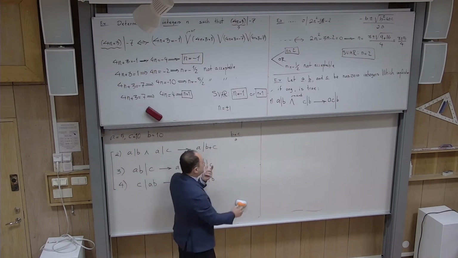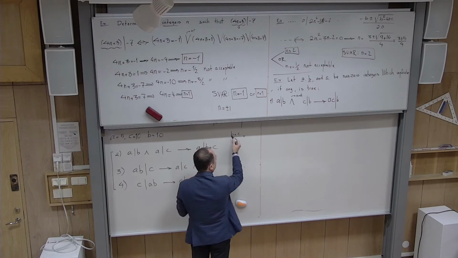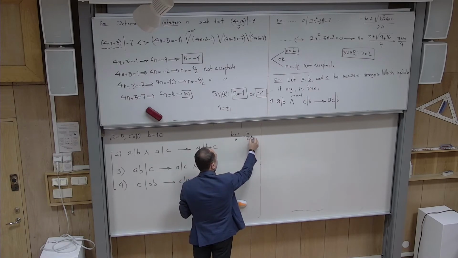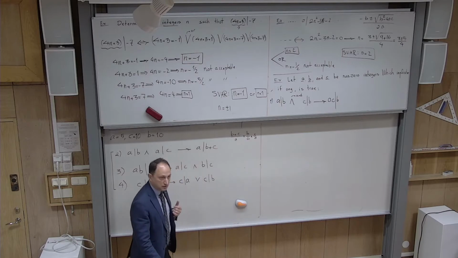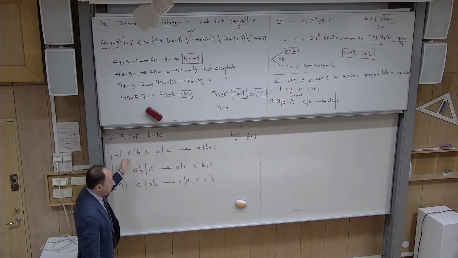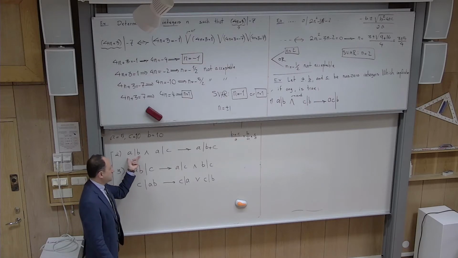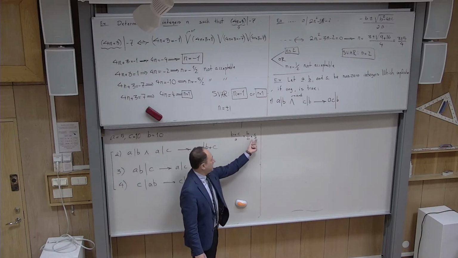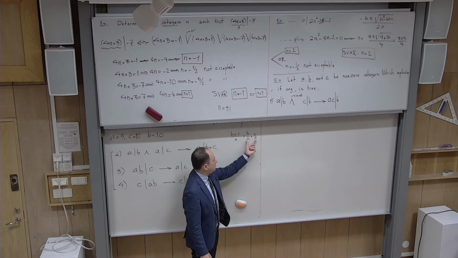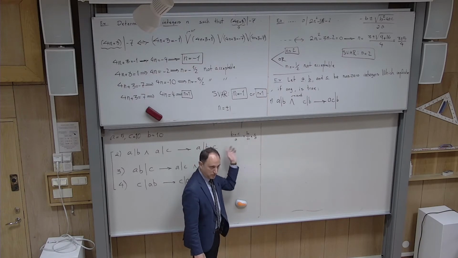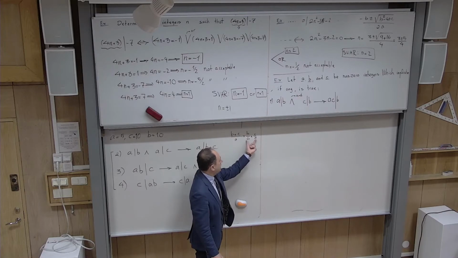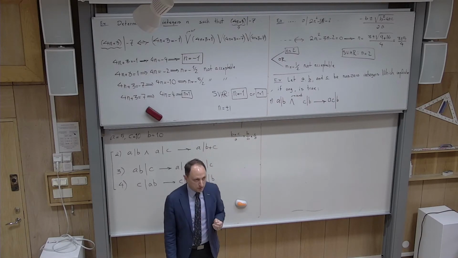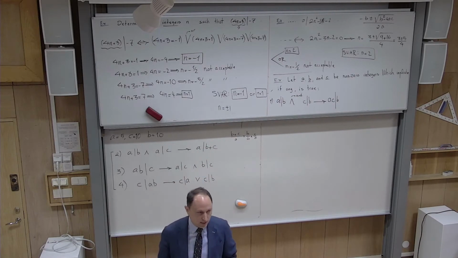From elementary primary school, you can see that this is B over A plus C over A. And B over A is an integer because of the guaranteed condition, and C over A is the same. Even though I am looking at two fractions, they are actually integers. So when I add them, the sum is also an integer. This is a rule of thumb to immediately understand if it is true or false.